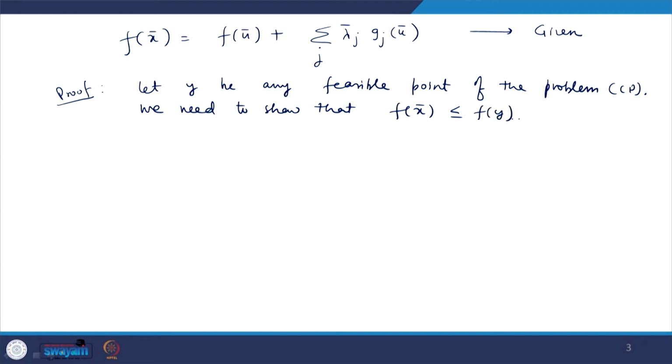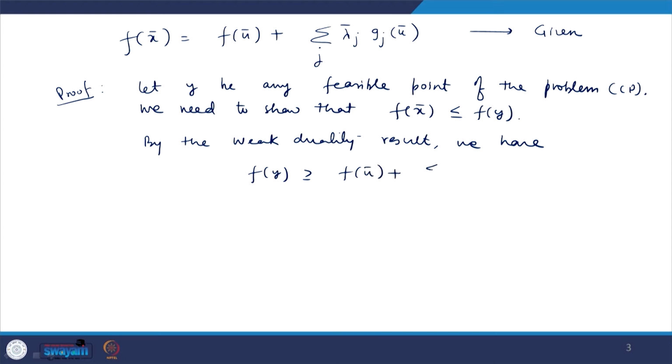Okay. This we need to show. So, now by the weak duality result, we have f y is greater than or equal to f u bar plus summation over j lambda j bar g j u bar.